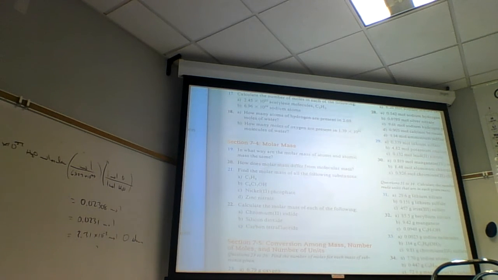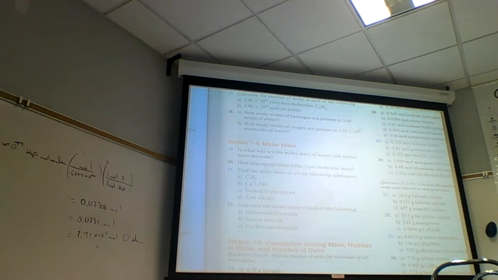Because of the duality here between atomic mass and molar mass, molecular mass and molar mass, and formula mass and molar mass. Chromium(II) iodide, what's the formula? CrI2, good. So we have 1 chromium, 2 iodines.